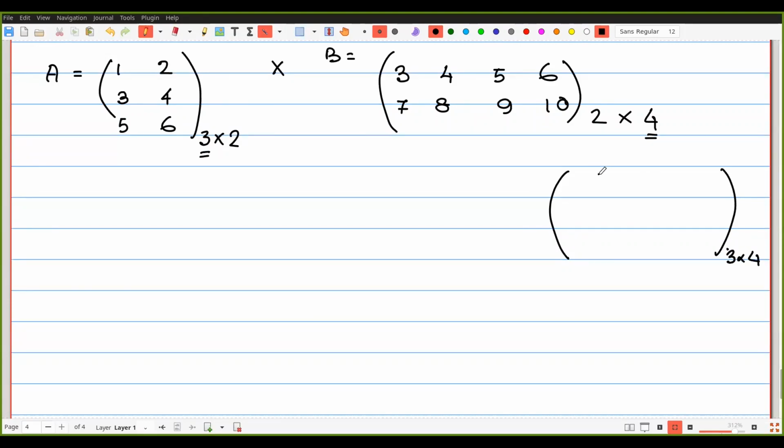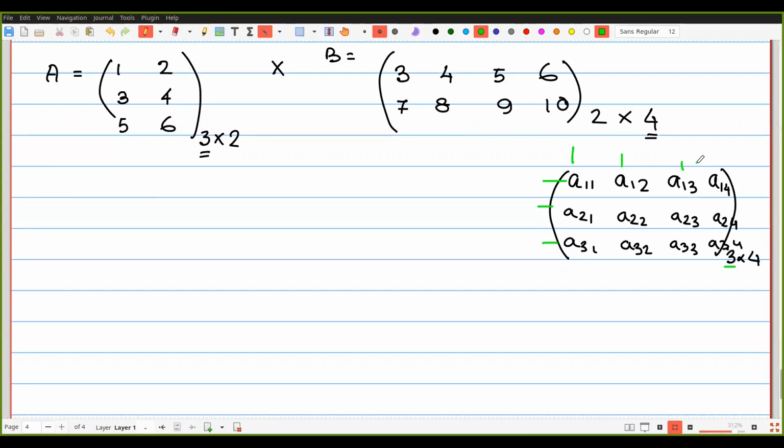So if we write the elements A11, A12, A13, A14, A21, A22, A23, A24, A31, A32, A33, A34. That means, just look, 3 rows and 4 columns.